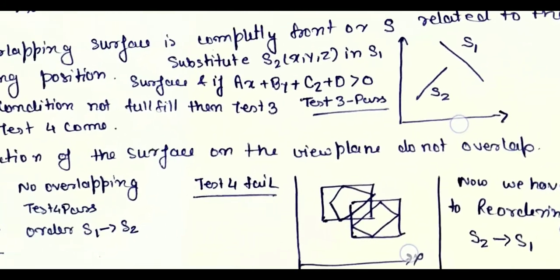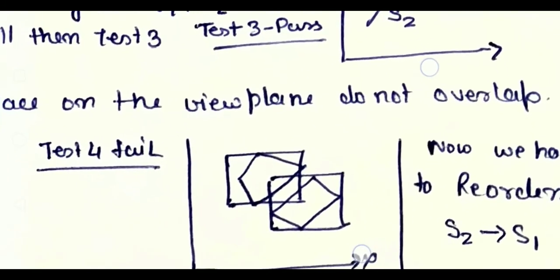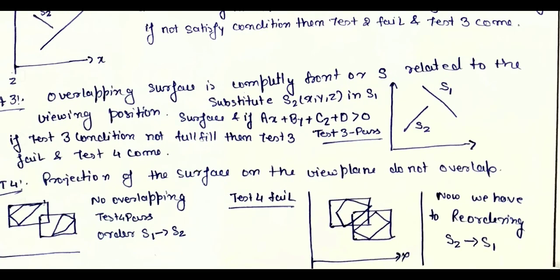But how will the test fail? Now you can see both polygons intercepting on the view plane. The projections of the polygons are overlapping on the view plane.